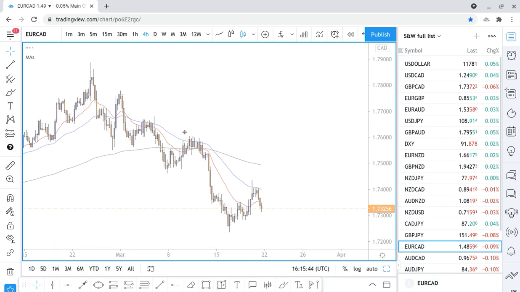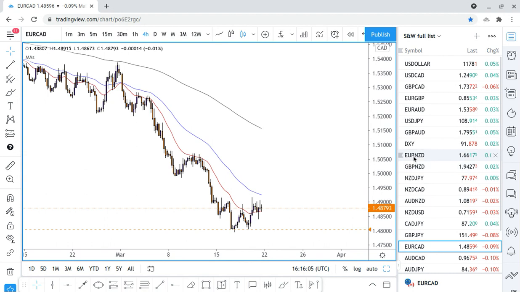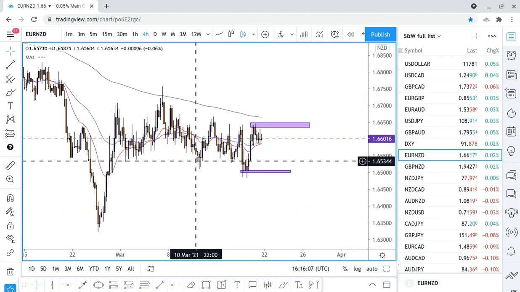You look at EuroCAD, it's nothing but sell since the start of the month at least, if not since the middle of February. And I'm annoyed at myself for not getting involved in these smooth moves whilst trying to find trades on something like Euro New Zealand.